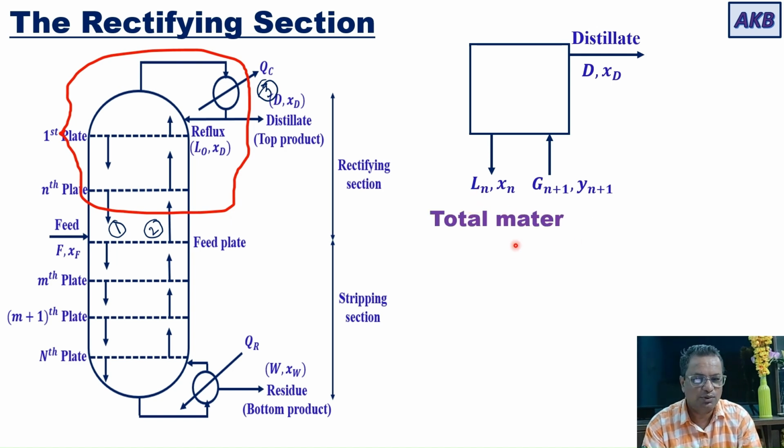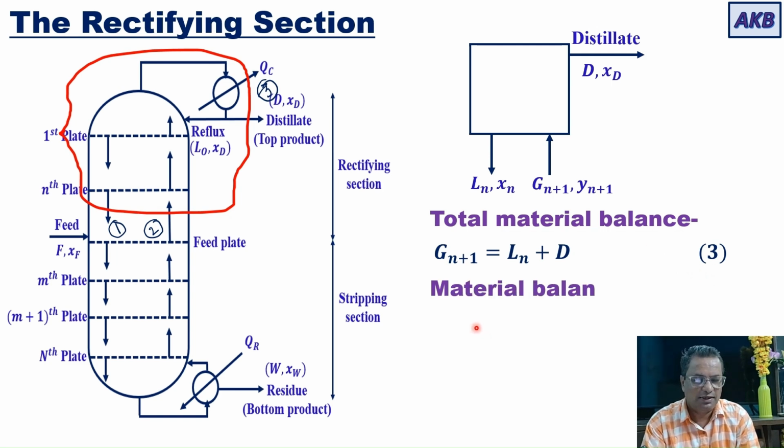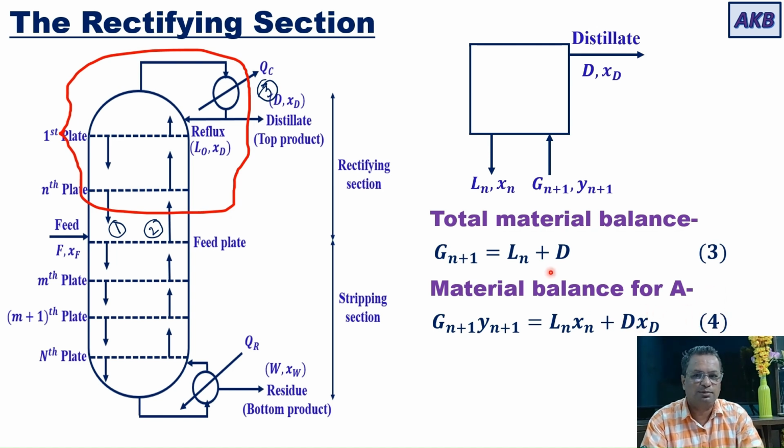Again, the total material balance at steady state: Gn plus 1 is equal to Ln plus D. I'm continuing my numbering, this will be equation number 3. And then you take the material balance for E, the more volatile component. It will be simply Gn plus 1 into yn plus 1, that is equal to Ln into Xn plus D into XD. Let us call this equation number 4.